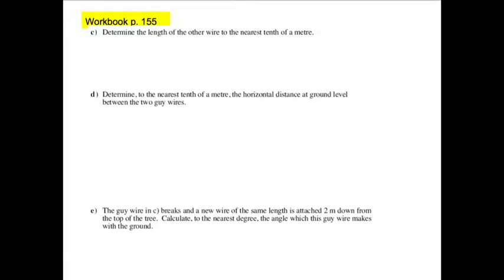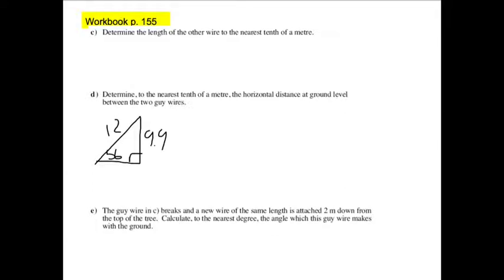Next up, we have to determine to the nearest tenth of a meter the horizontal distance at ground level between the two guy wires. So one of the triangles looks like this. It's 56, this is 12, and we said this one here was 9.9.